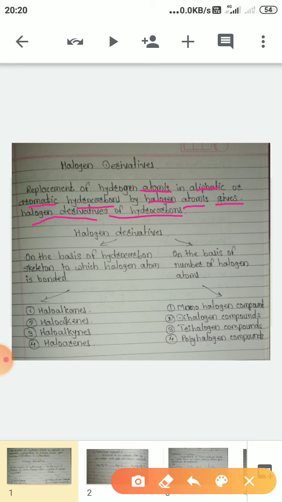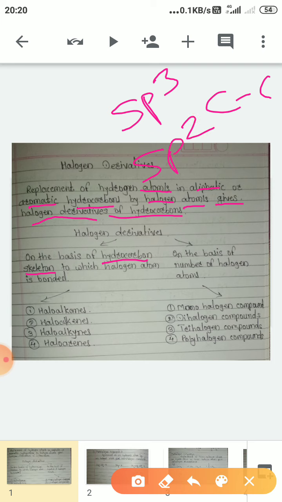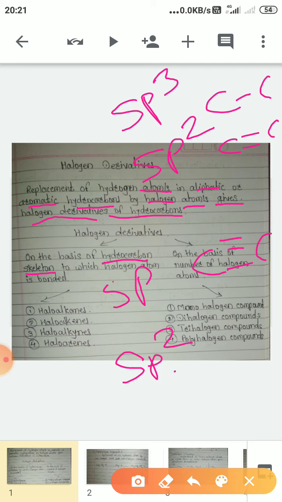First one, on the basis of hydrocarbon skeletons, that means whether the halogen atom is bonded to an sp3 hybridized carbon atom, that is, bonded to a carbon-carbon single bond, or attached to an sp2 hybridized carbon atom, that is, a carbon-carbon double bond, or attached to an sp hybridized carbon atom, that is, a carbon-carbon triple bond, or attached to an sp2 hybridized carbon atom of a benzene ring or aromatic compounds.